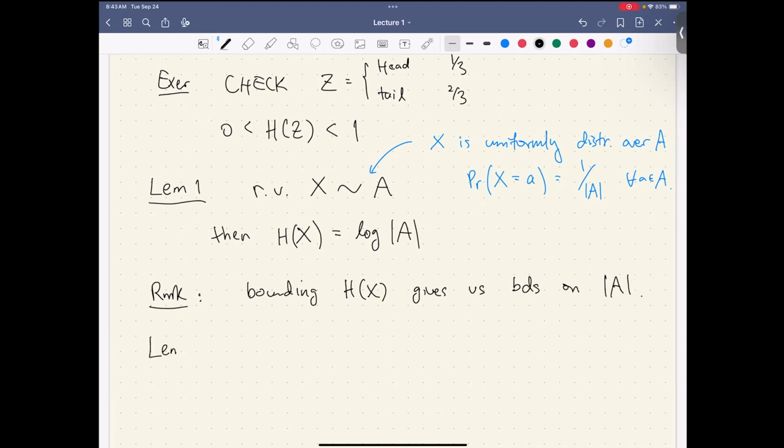The second lemma, which is more intuitive than the first one, is called subadditivity. But before the second lemma, maybe I should mention the joint entropy first.